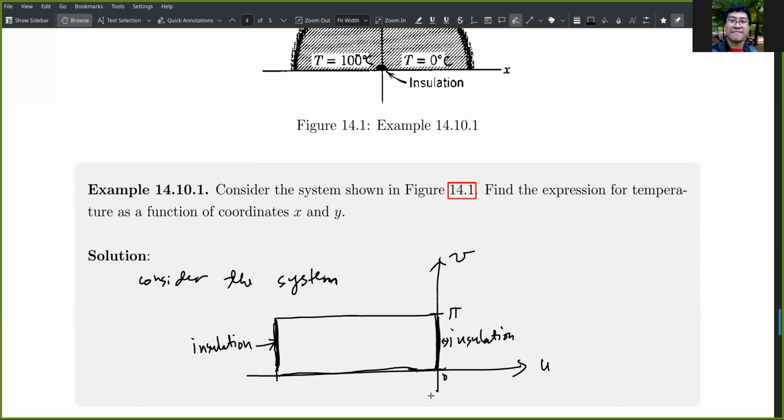Okay, so the top part at v equals pi, we set the temperature at 100 degrees Celsius, just like here, but on the top. On the bottom, we set the temperature at 0 degrees Celsius.